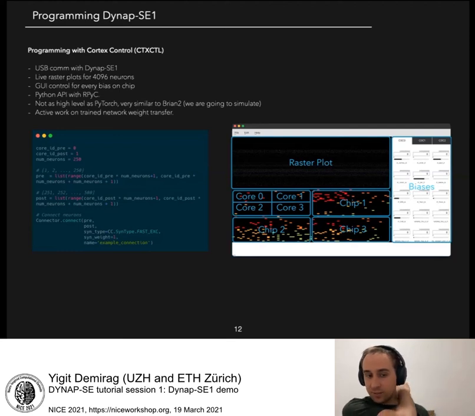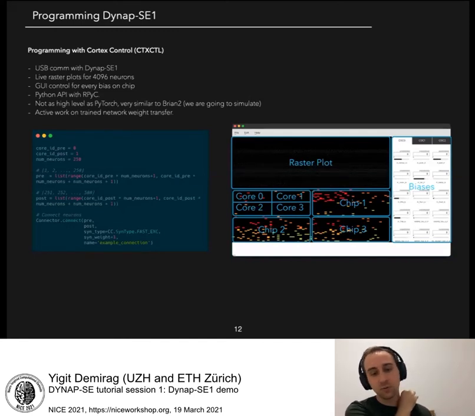One question that we get constantly is, can we directly map our PyTorch or TensorFlow models to the DYNAP-se? Not automatically at the moment, but people are working on this at the Institute of Neuroinformatics.